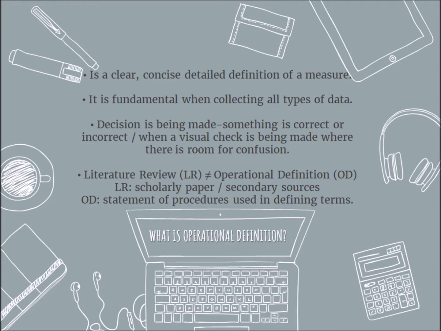Some researchers might say it is quite similar to literature review. The question is, what are the differences between operational definition and literature review, and how do we differentiate them?